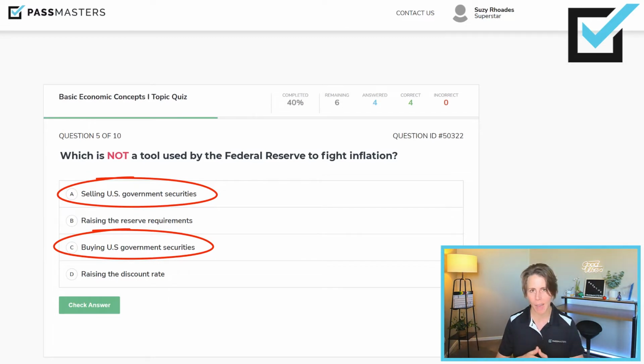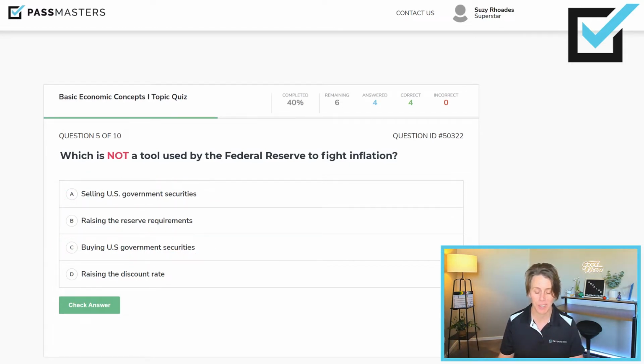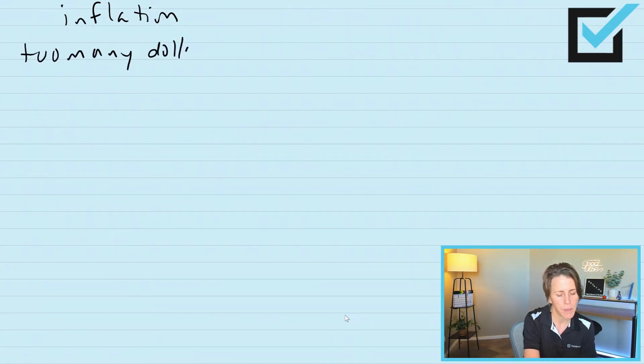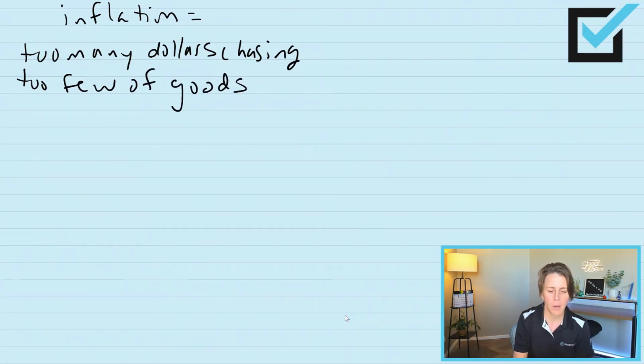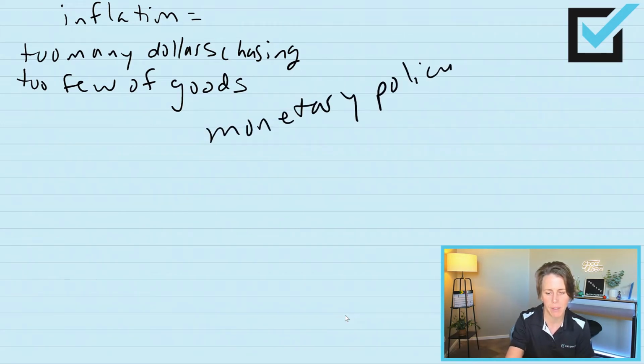This is one that I have to just write down and work through with you. If one of the root causes of inflation is too many dollars chasing too few goods, and we're looking at monetary policy, set by the Federal Reserve, one of the tools of the Federal Reserve is the buying and selling of U.S. government securities through their Open Market Committee.